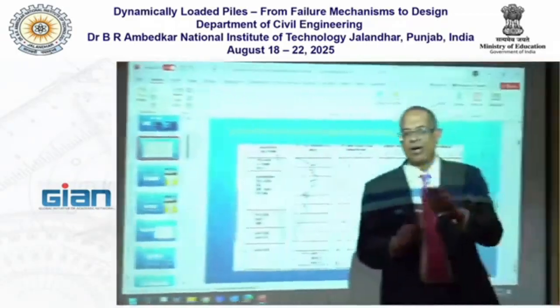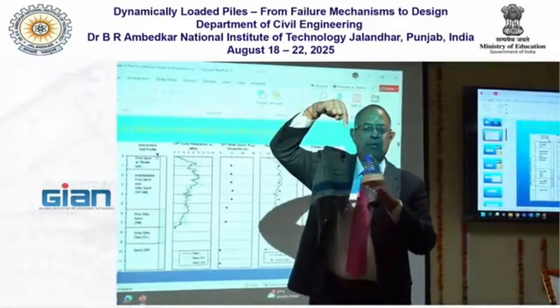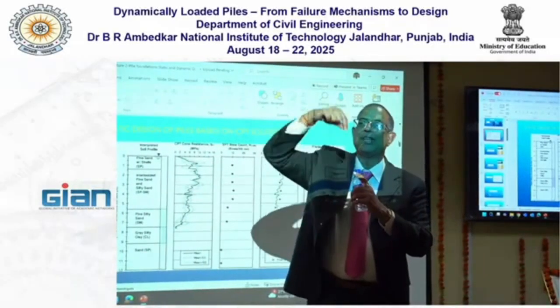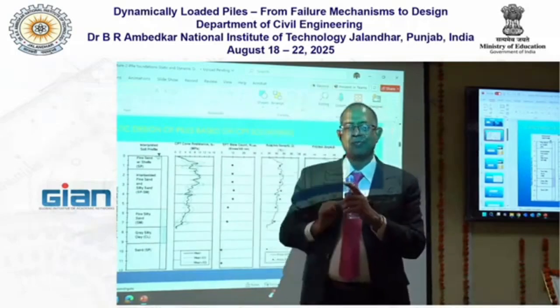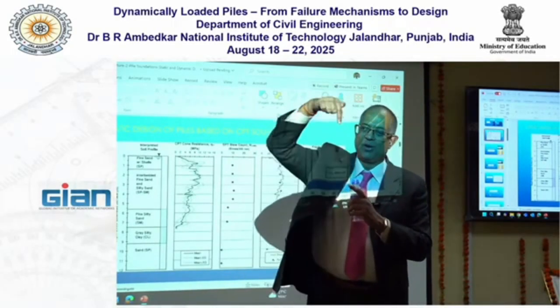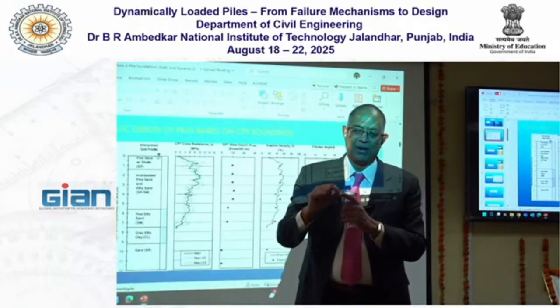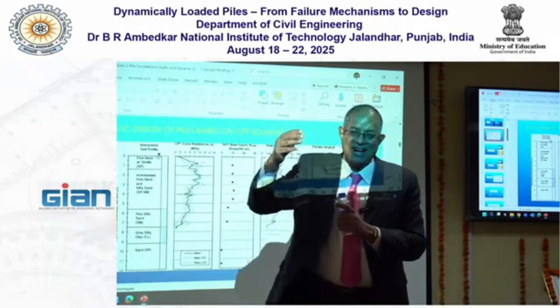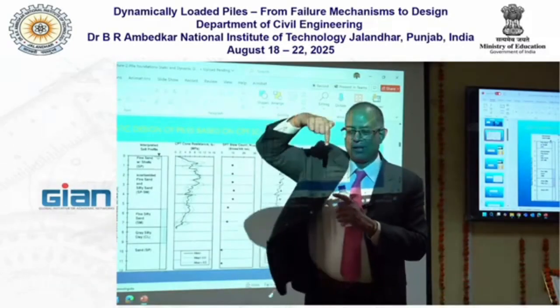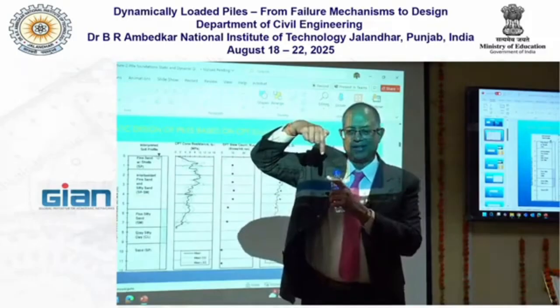When do you think the soil will feel the arrival? Say I'm driving the CPT here and I'm the soil here. When do you think I'll see that the CPT is coming? Can you guess? So the CPT can be felt by the soil element maybe 3, 4 pile diameters ahead. So when the CPT is here, I can already feel the increase in stress.